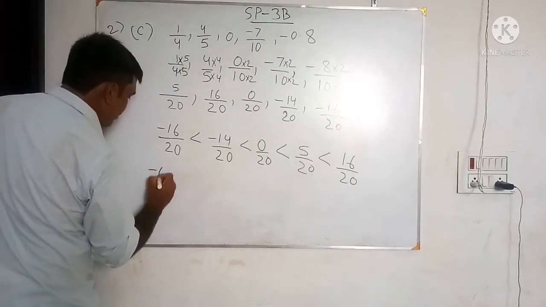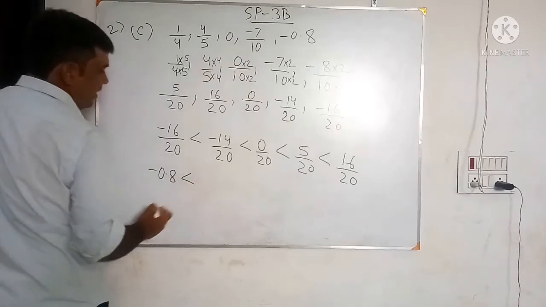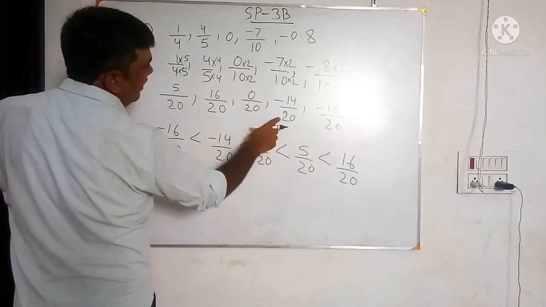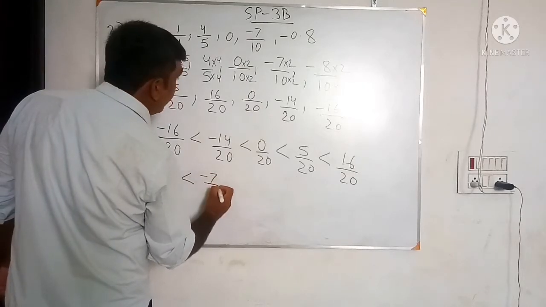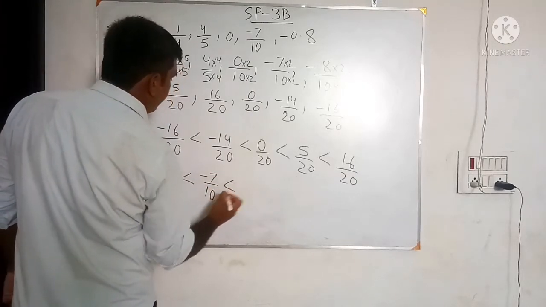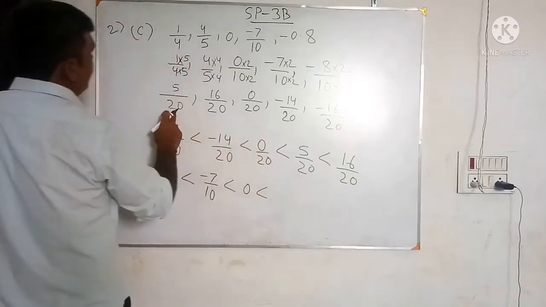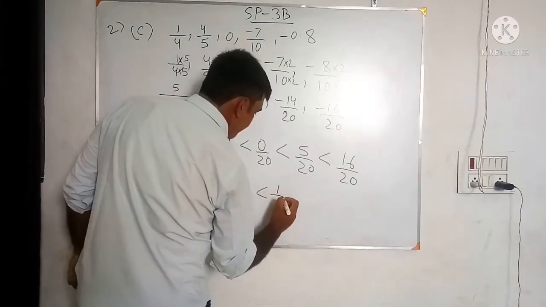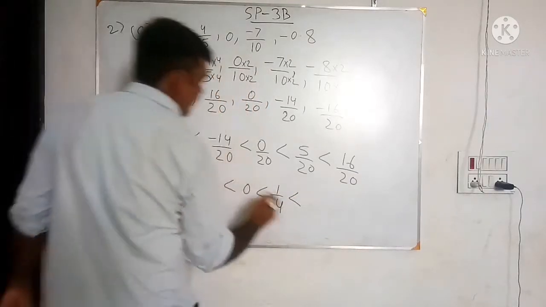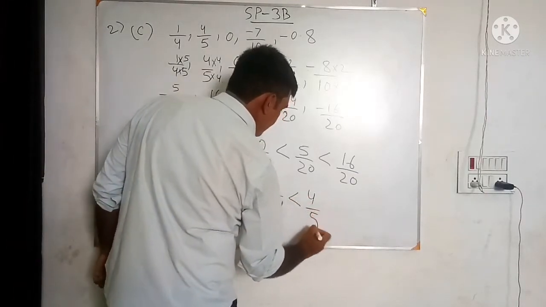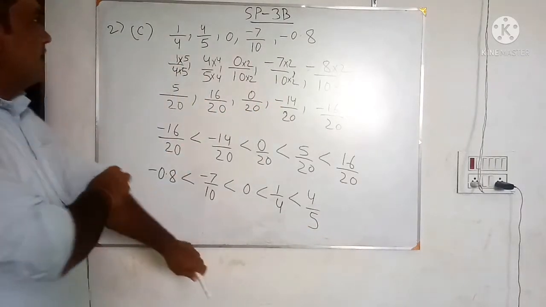So we write minus 0.8, less than minus 14 by 20, whose original is minus 7 by 10, less than 0, less than 5 by 20, whose value is 1 by 4, less than 16 by 20, whose value is 4 by 5. Like this we have to write, least to greatest.